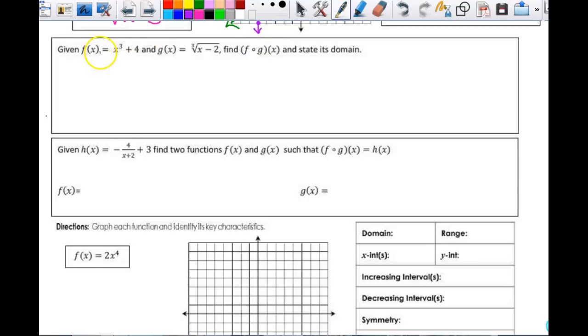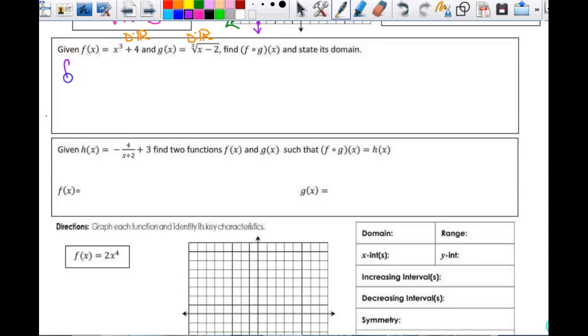So here, when I look at this function, this is a cubic function, so my domain is all real numbers. And this is a cube root function, so my domain is all real numbers, and that is fantastic news. That means in the end, my domain is all real numbers.